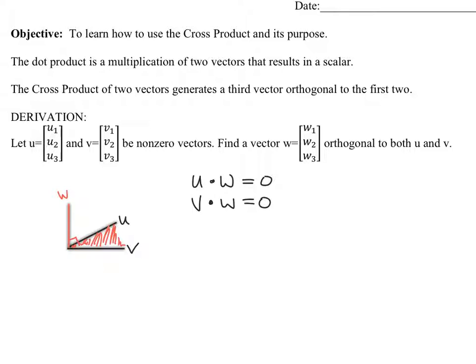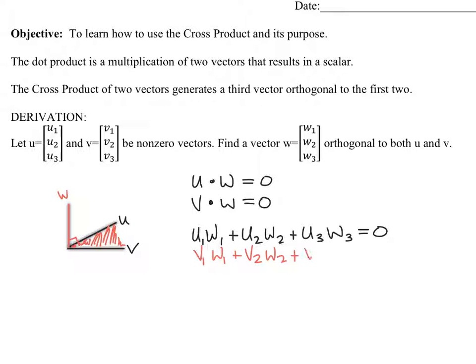Now we just got to dot it out. So u1 w1 plus u2 w2 plus u3 w3 equals 0. And for the second one, v1 w1 plus v2 w2 plus v3 w3 equals 0.